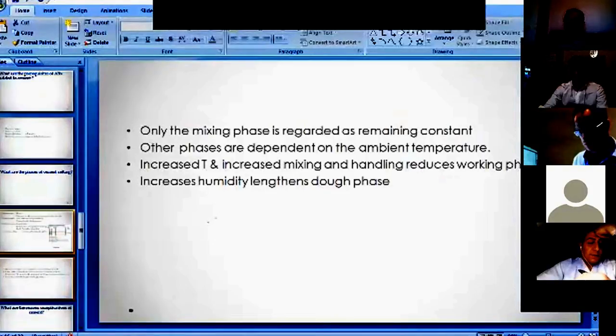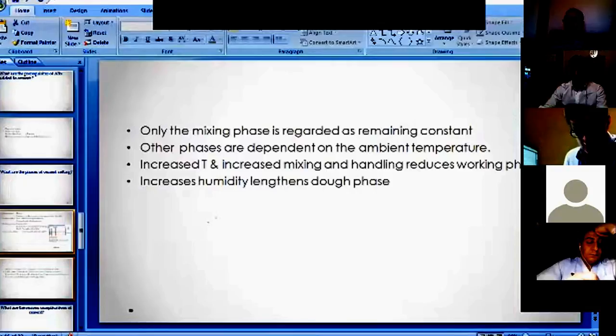So increased temperature and increased mixing and handling of the cement will reduce the working time. So if you have a high temperature, or nurses who mix by hand a lot, that will reduce your working time, and you need to be aware of that, obviously, intraoperatively.